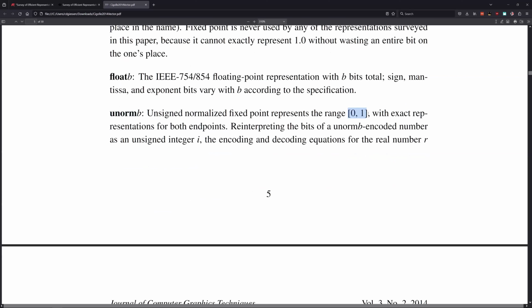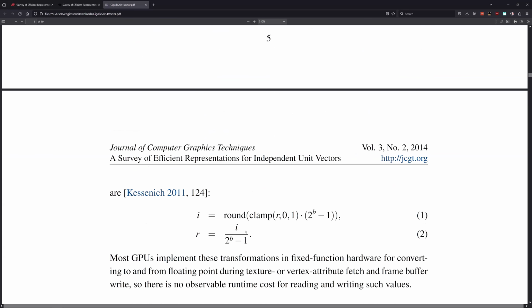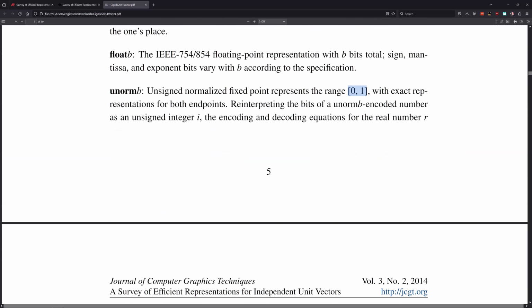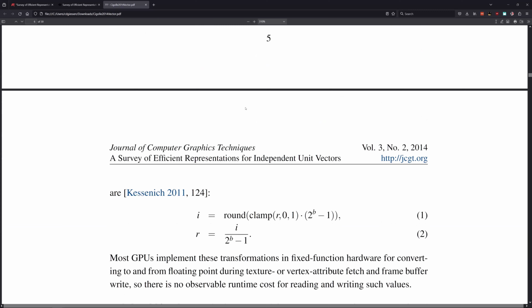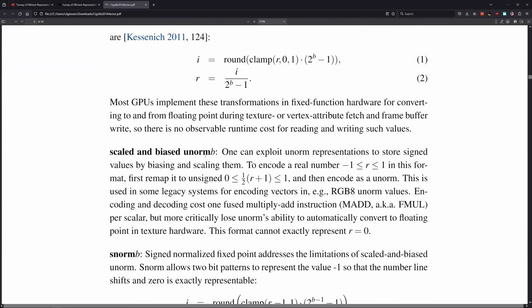It's pretty much what you want for a unit vector type thing, where you have a number between 0 and 1, and you want to space your bits equally over the range instead of floating point's non-linear distribution of representations. Scaled and biased unorms.